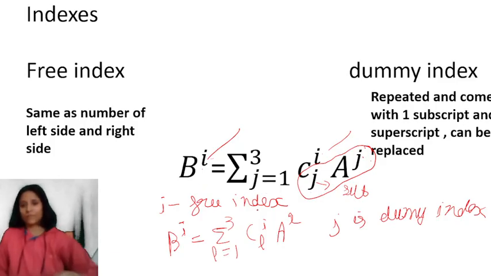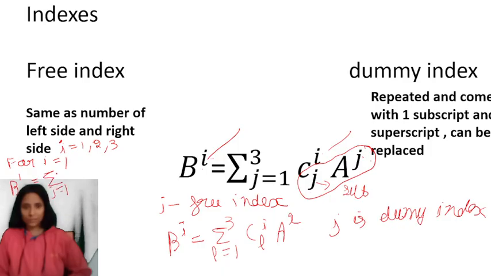Take more examples. First try to expand this. Everyone knows how to expand this. Let i take three values, 1 to 3. For i equal to 1, we get B1; I expand the summation now: C11 A1, C12 A2, C13 A3.